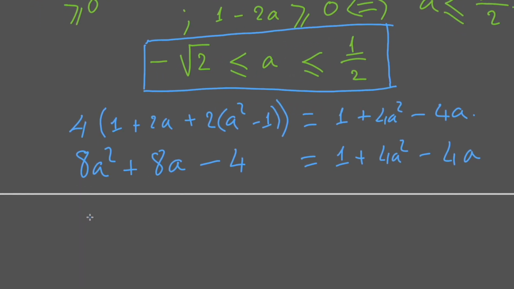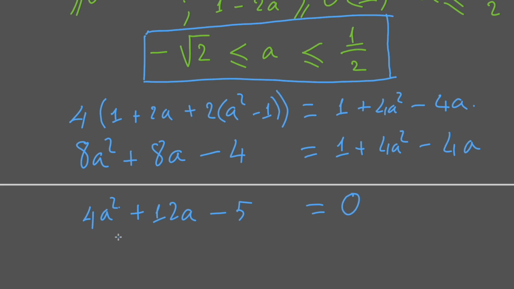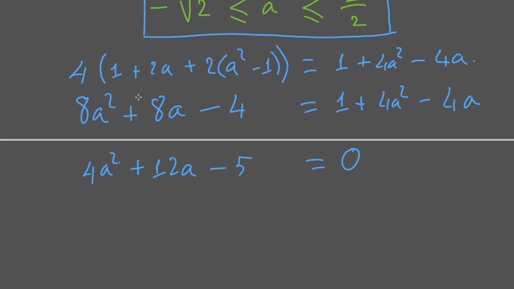Simplify both sides and move everything to one side so the other is 0. Then 4a squared plus 12a minus 5 equal to 0.